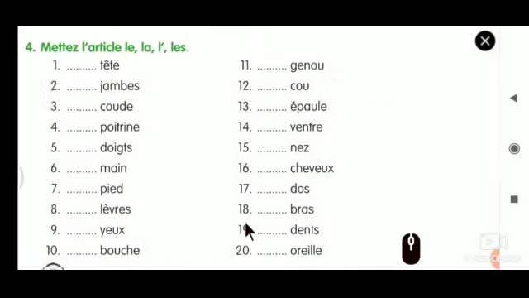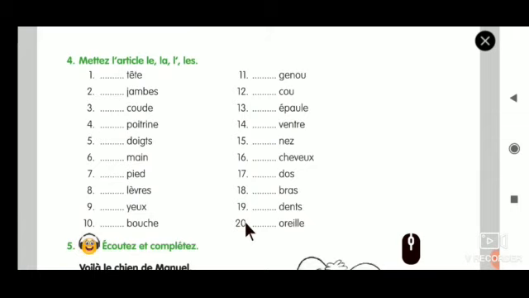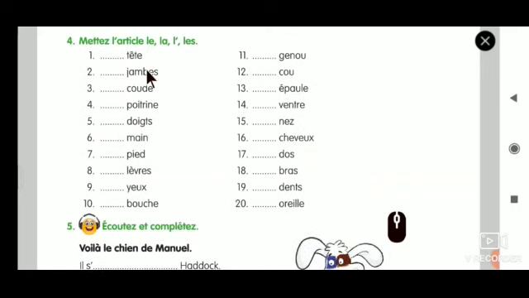This is one other important exercise, the beginning of l'article défini, that is le, la, l', les, and this important exercise helps us to learn l'article défini. This is a must exercise, because everything we learned regarding the parts of the body should be revised here.